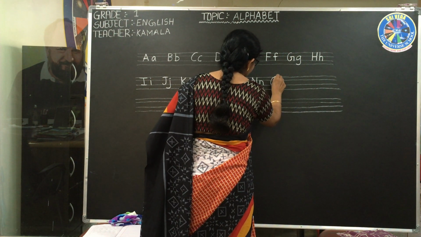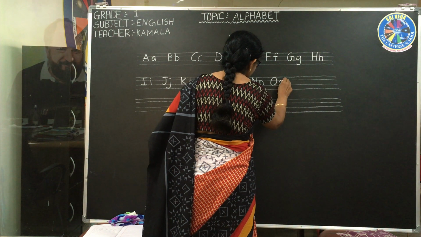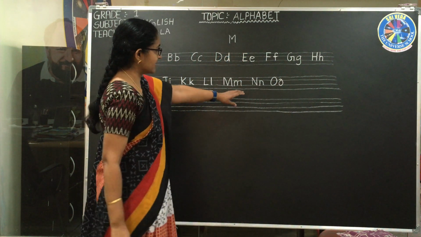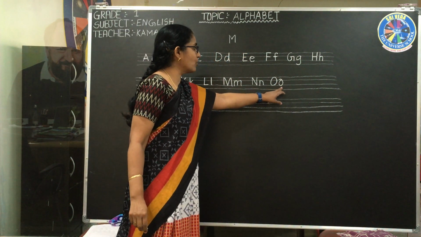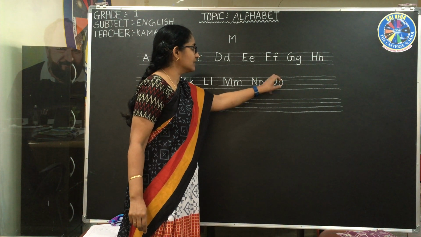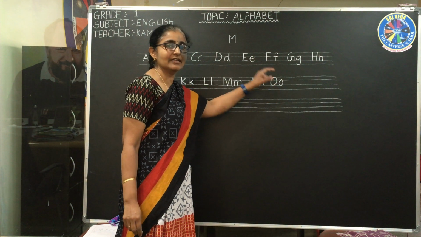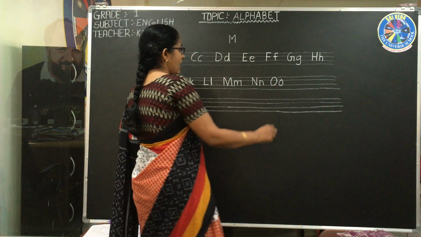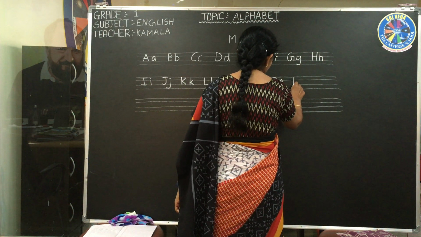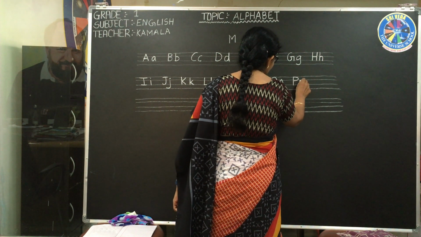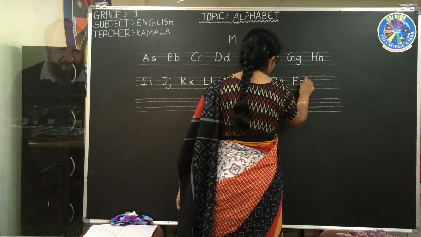O. Yes. Again like C, capital O and small o, it is only the difference in the size. It's the same, but we just write the small one. After O it is P. Very good. P and small p.